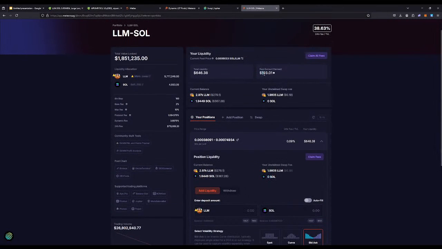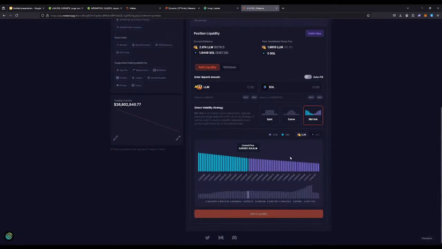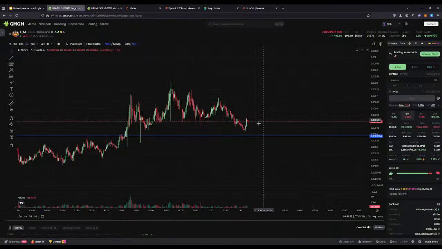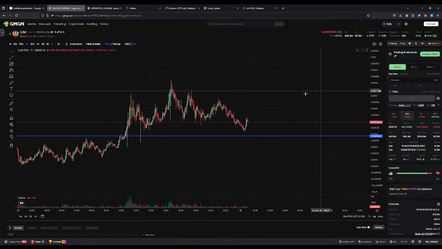So we just claimed about 60 odd dollars in fees, and 33 go back into the pool. And again, with LLM, this is where you see I have no upper cap, because only the bottom price matters.